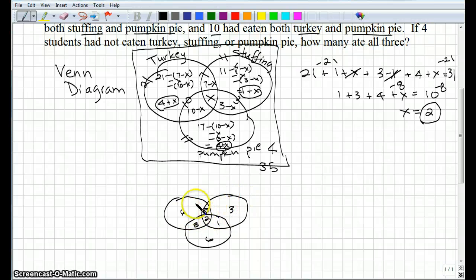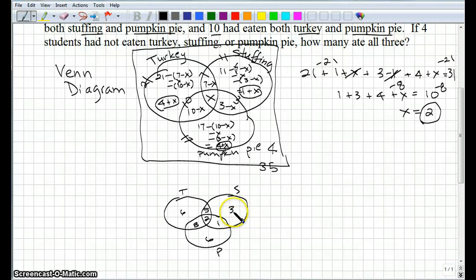And let's make sure. So this was turkey, and this was stuffing, and this was pie. Let's make sure that it all makes sense. So we have 8 plus 2 plus 11, that's 21, which is what we wanted. And here we have 8 plus 2 plus 1, which is 11, so that's what we wanted. Again, this is 10 plus 7 is 17, so it works out.